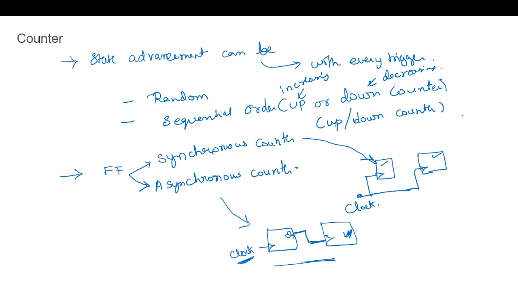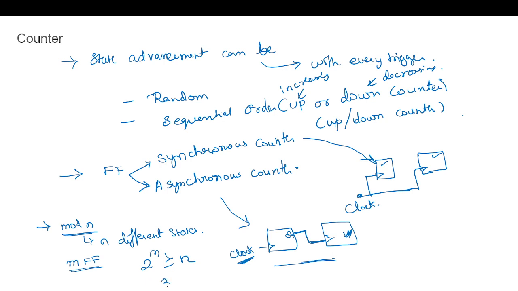Next is the modulus of the counter. We say mod n counter, which has n different states. If we have m flip-flops, we can achieve modulus n equal to 2 to the power m.